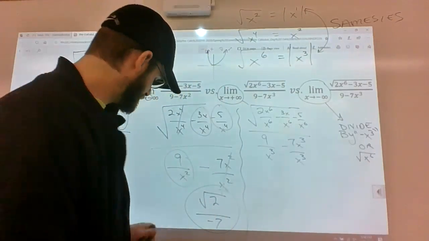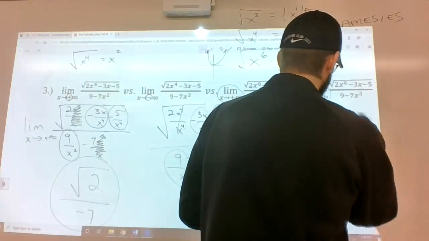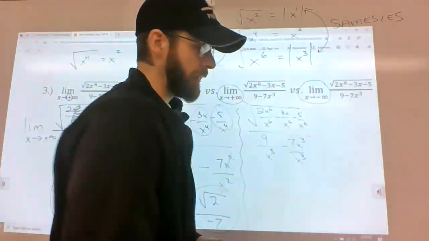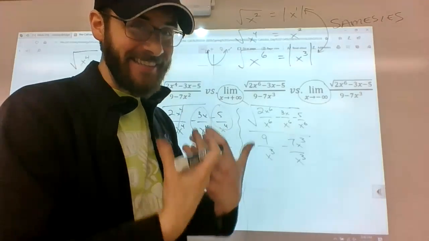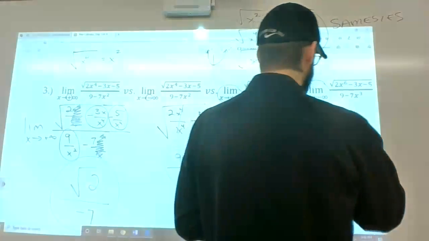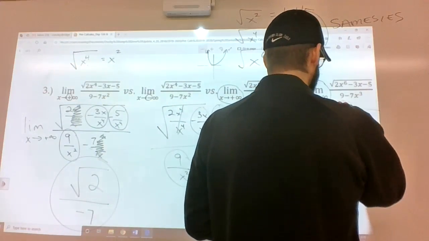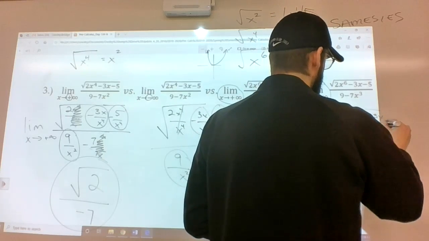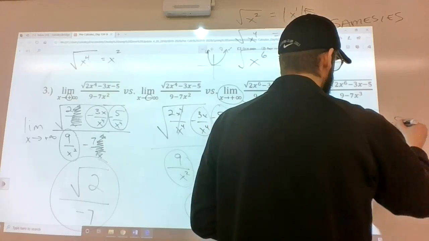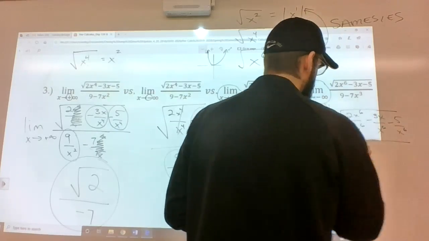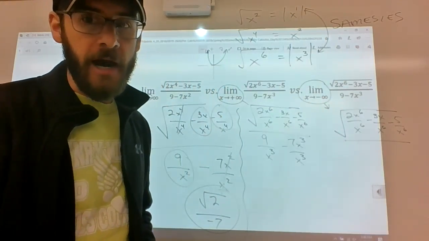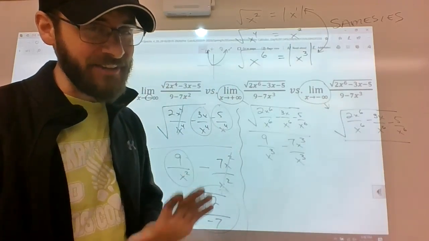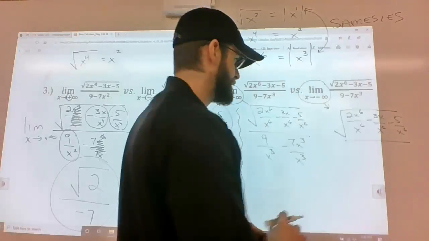For the second part, divide by root x to the 6 on the top. Divide by negative x cubed on the bottom.